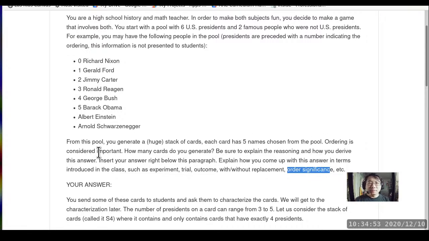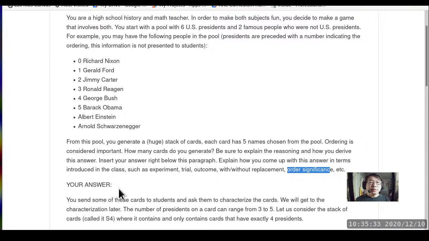Okay, so you have to introduce all of these elements, because once you have introduced all of these descriptions, mapping what is in the question to very specific terms that we have talked about in class, then you can now say, oh, okay, so the problem is to count permutations, because permutation is ordering significant and then combination is ordering insignificant. So since ordering is significant in this case, we're counting permutations. We're counting the number of permutations of choosing 5 out of 8 because the pool has 8 in it.